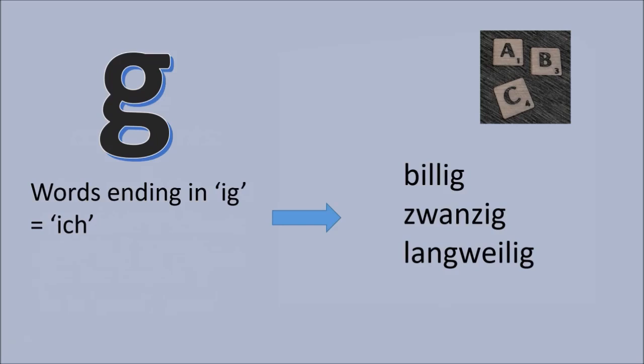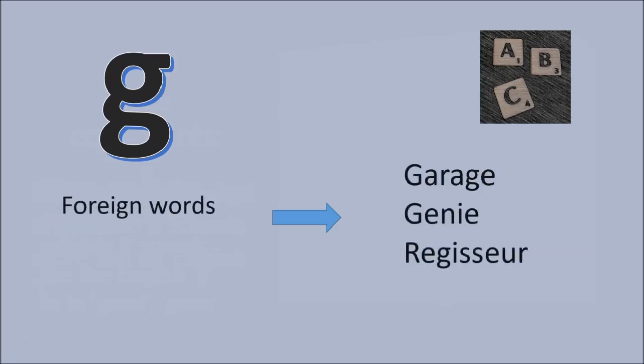If, however, you're adding something to it, something is cheaper, then, just like the rule before, it's billiger. Der zwanzigste, langweiliger. So it's going back to the G sound. Of course, foreign words stick to the foreign pronunciation.